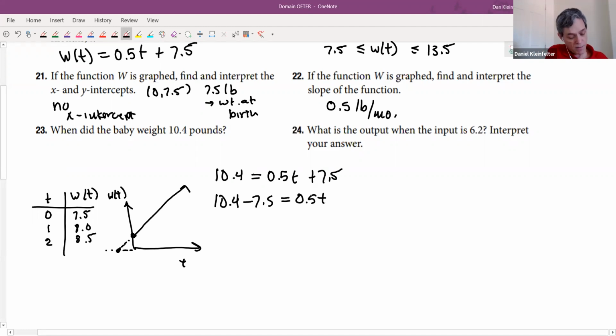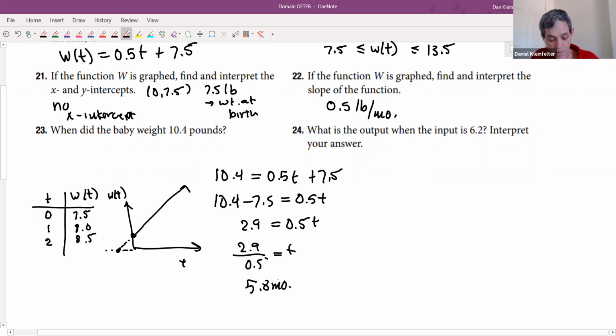That's 10.4 minus 7.5, that's 2.9. And then lastly, we'll divide by 0.5. And that's 5.8. So 5.8 months. So just under 6 months old is when the baby will weigh 10.4 pounds.